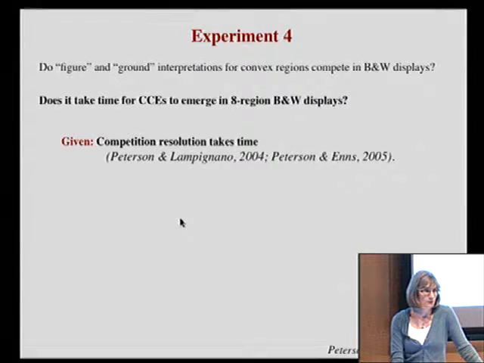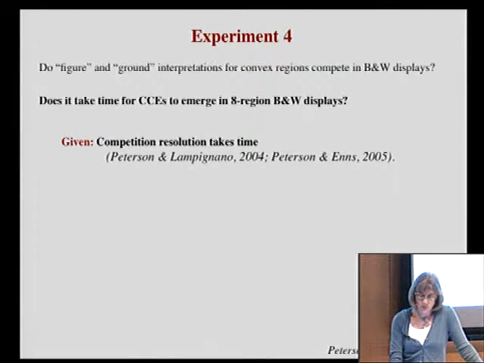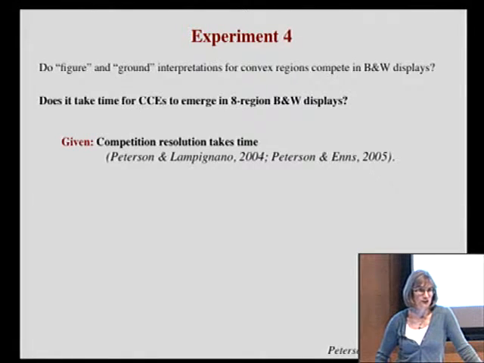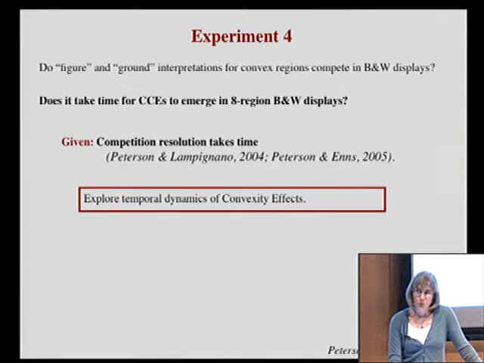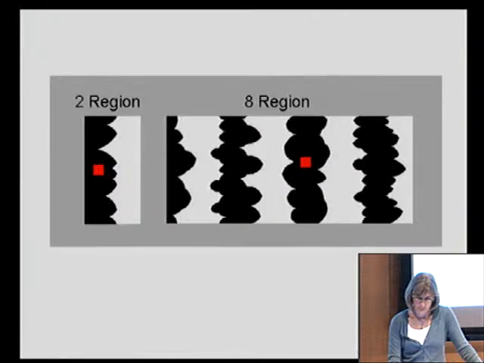In some other experiments that I've done, I've demonstrated with my collaborators that when the visual system must resolve heavy competition before it makes a decision about where objects are, that takes a little bit more time than when it doesn't have to resolve heavy competition. So what we're going to do now is explore the unfolding, how long it takes for these context effects to be observed. So for this, we used only 2-region and 8-region displays.